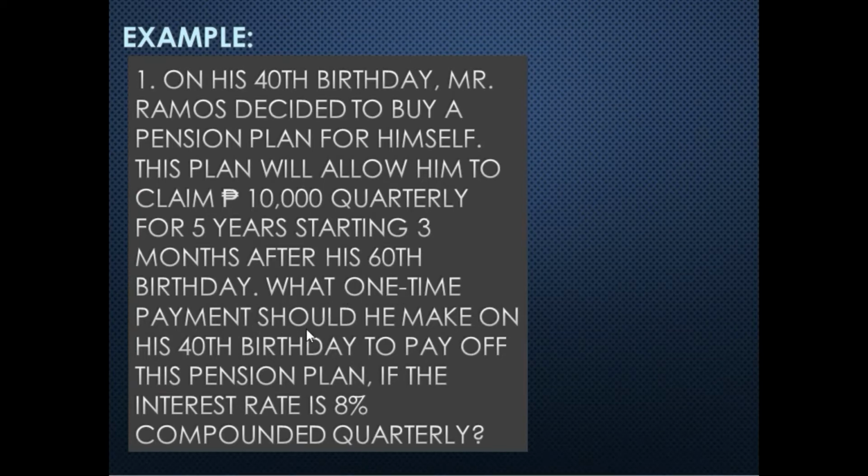What one-time payment should he make on his 40th birthday to pay off this pension plan if the interest rate is 8% compounded quarterly? In the problem, we are given that the regular payment is 10,000 pesos and the interest rate is 8%.